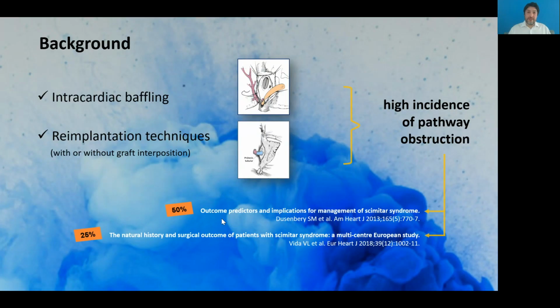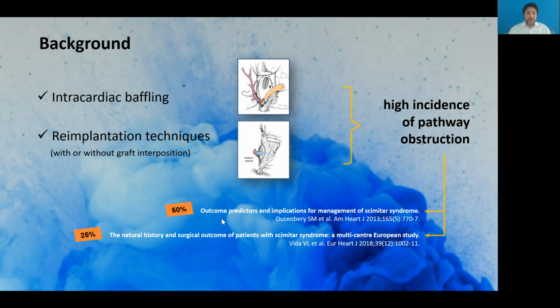So imagine this pathway: you create an angle of 180 degrees, and blood has to come and turn abruptly to go into the left atrium. So this long and narrow path usually tends to get obstructed.